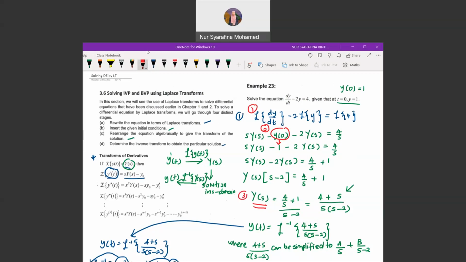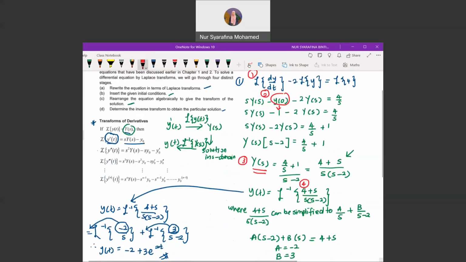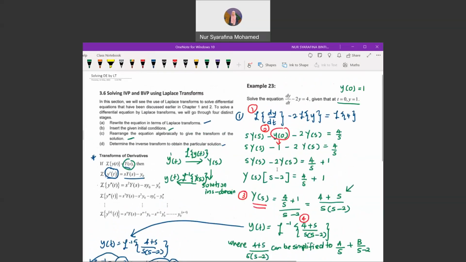This is your third step. And then what we did here is inverse transform by using partial fraction. And then we are going to have our final solution in terms of y(t). So these are the steps of solving differential equation by using Laplace transform. So for this example, what we have done here is only for first derivative, first order of differential equation.